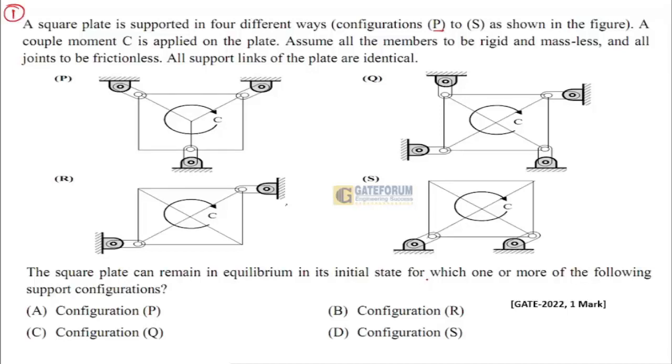Basically, the given links provide an axial force on the plate, right? Axial forces. So whenever I draw a free body diagram for P, this is the plate.